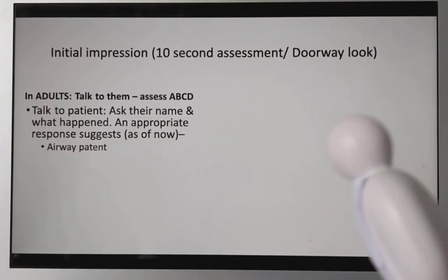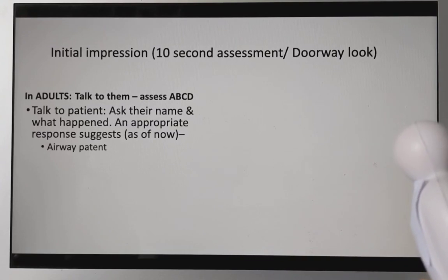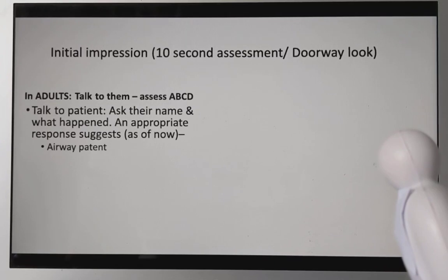When it comes to adults, it is important to understand that if a person is talking, their airway is patent. That means the passage of air from outside, from their mouth to the lungs, is adequate.